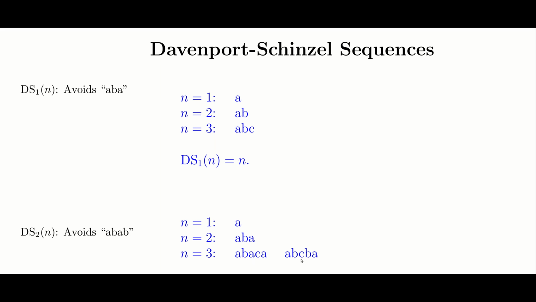If we go with ABC, we cannot repeat C, but we could have B. We cannot have A because then we're stuck. So we have to go with B, which will leave us only the choice of A for the end. So with some case analysis, it's easy to see that for n equals 3, the maximum size can be at most 5.